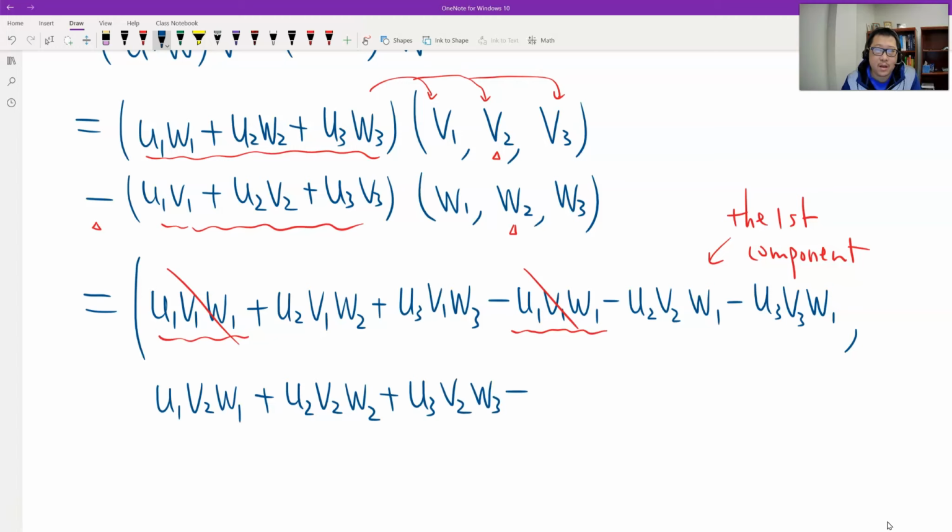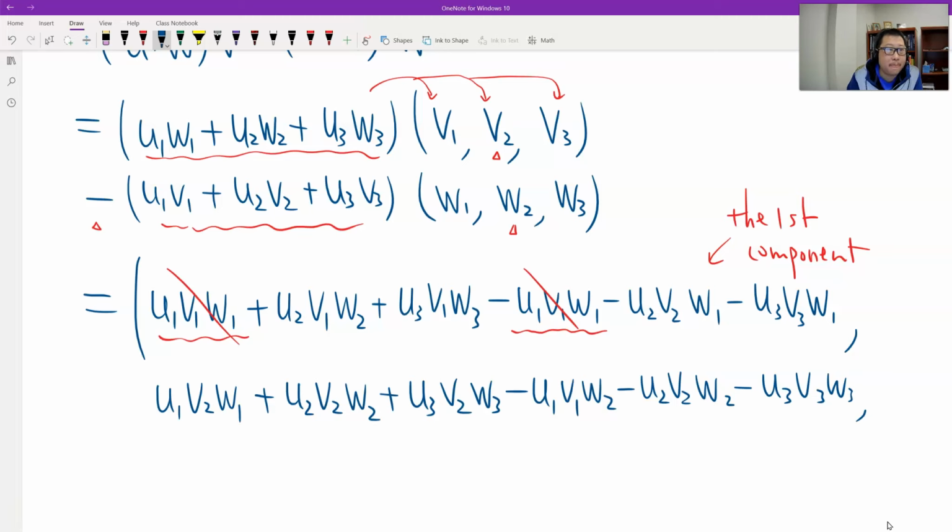Okay, and then 3 negative terms. So U1, switch, V1, W2, then minus U2, V2, W2, then minus U3, V3, W3. See, the second component.